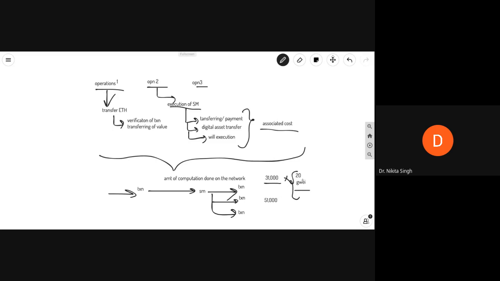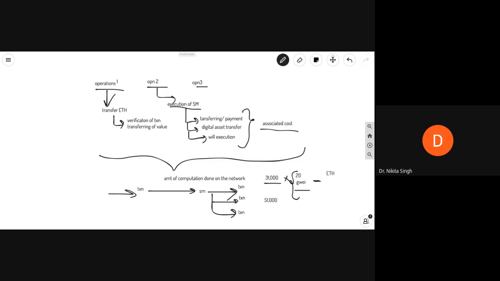So this into this will calculate the amount of ether that you are spending, because you are initiating just one transaction. But this one transaction is initiating a smart contract, and this in turn is initiating different transactions. So this is the reason why your transaction may run out of gas, and this is why you have to set a larger limit for your transaction to get executed. All right.